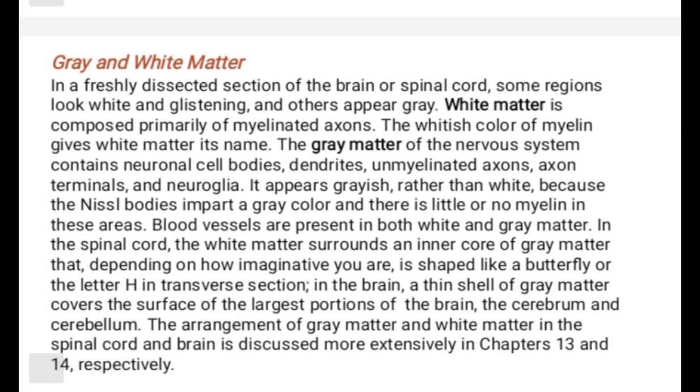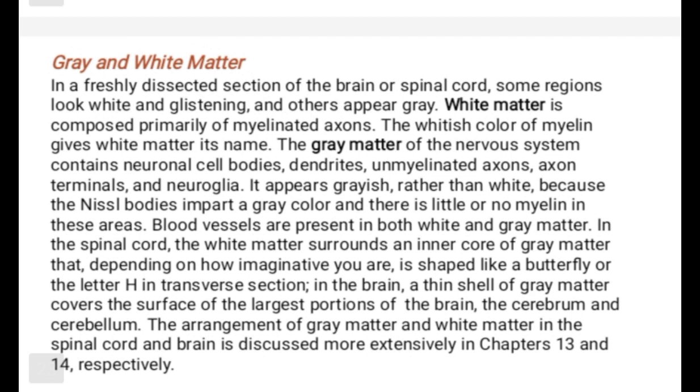Gray and white matter in a freshly dissected section of the brain or spinal cord. Some regions look white and glistening and others appear gray. White matter is composed primarily of myelinated axons. The whitish color of myelin gives white matter its name.